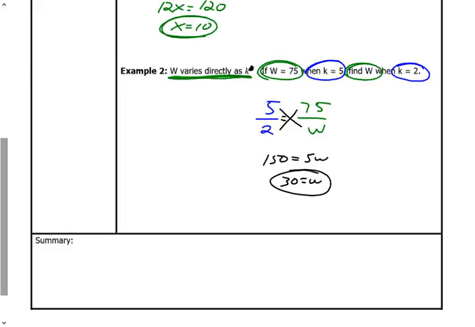So let's do 75 over w is not changed, but it's not k, it's k squared. So I need to be careful and see if this doesn't change my problem here. Likely will.